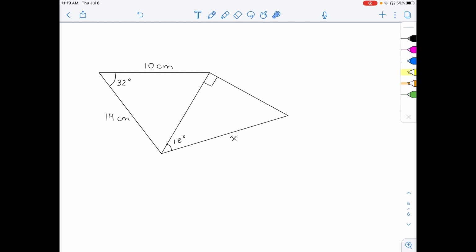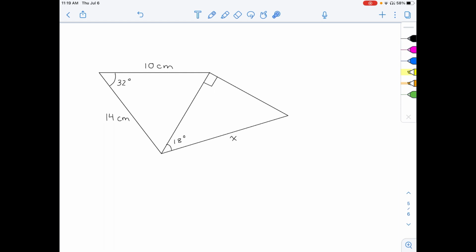However, if we look at that right triangle and we want to solve for X, the only piece of information that we know in that triangle is this angle, 18 degrees. We do also know that this is 90, so we could, if we wanted to, find what this angle here is by doing 180 degrees, subtract 90, subtract 18 degrees.